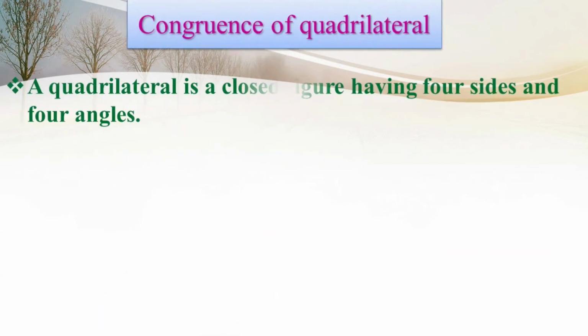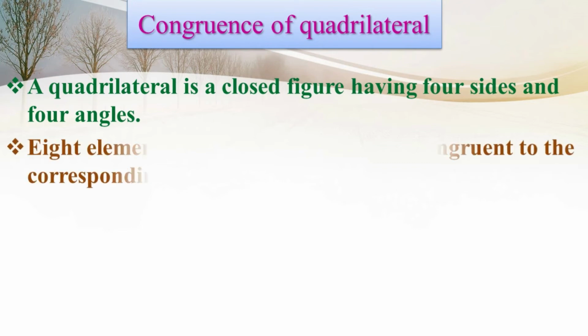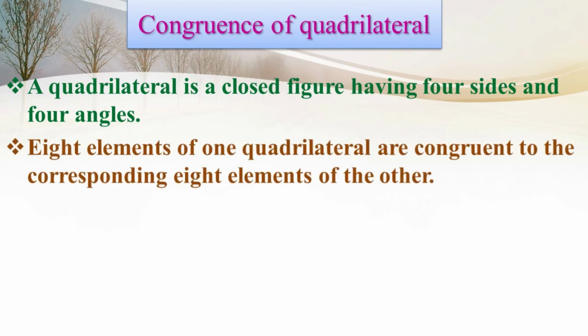Congruence of quadrilaterals. What is a quadrilateral? A quadrilateral is a closed figure having four sides and four angles. Two quadrilaterals would be congruent if these 8 elements of one quadrilateral are congruent to the corresponding 8 elements of the other. Let ABCD be the first quadrilateral.